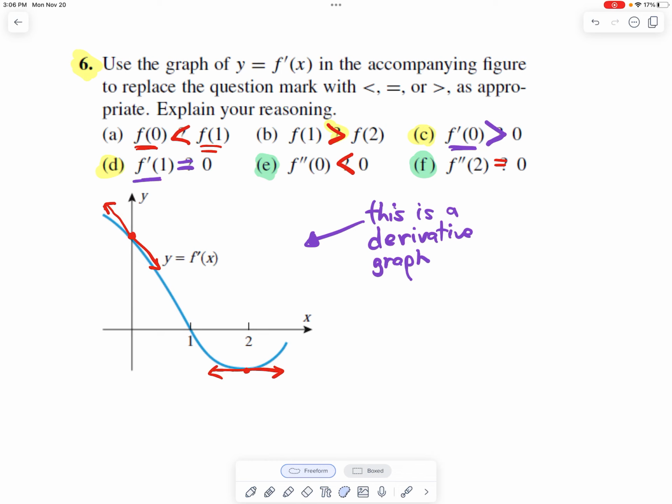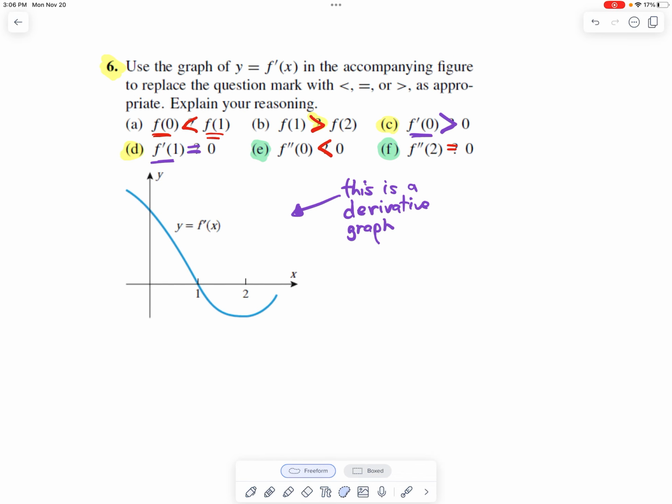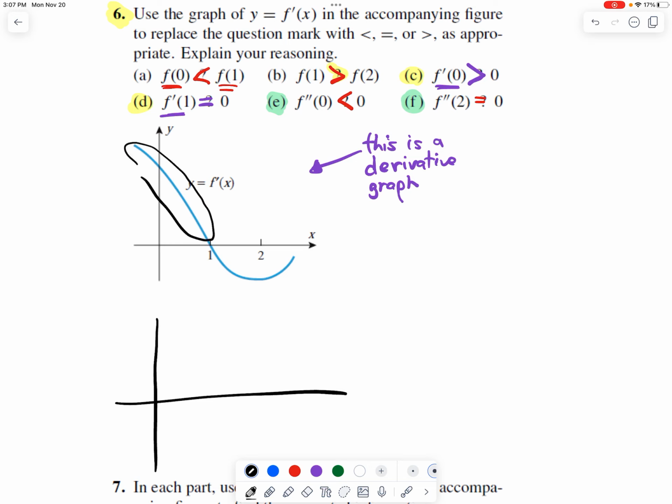Now, it might be good to share with you that sometimes it's nice to practice going back to the original function. So the original, here at this area we are increasing, and then at 1 that's a relative max, and then we're decreasing.